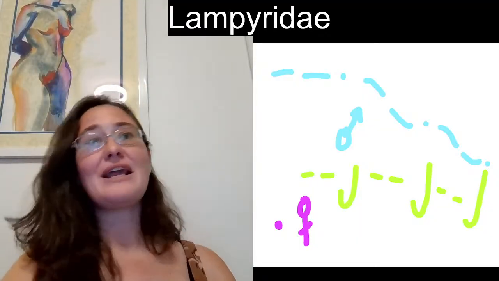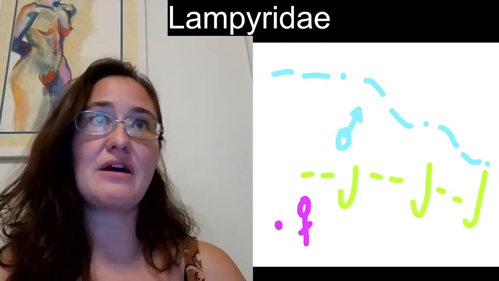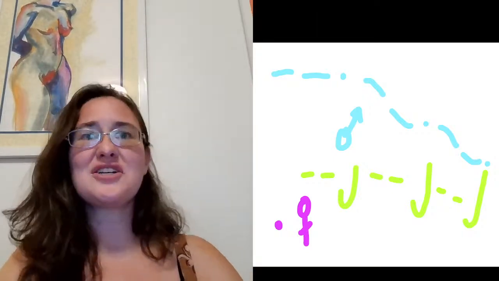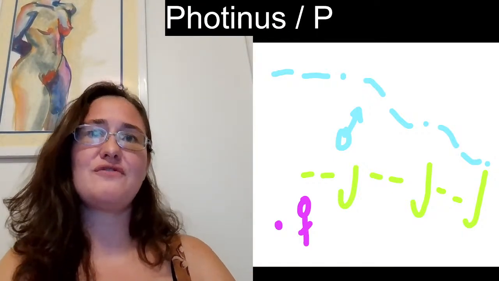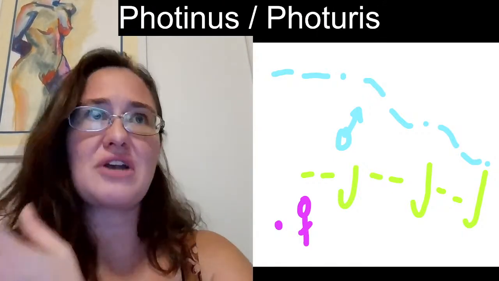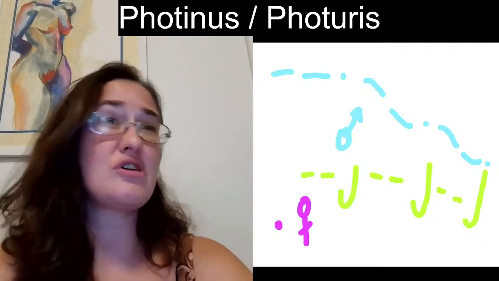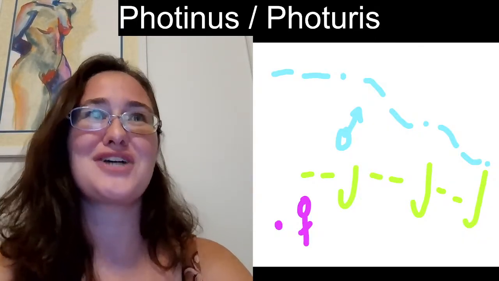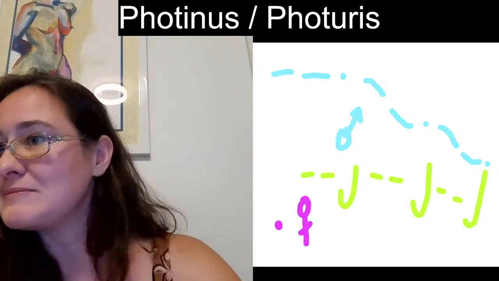But Lampyridae is all of the fireflies out there, and there are a huge number of genera. I just pulled Photinus and Photurus because they are the two largest genera, but also because I wanted to tell the story about the females flashing two different flash patterns.